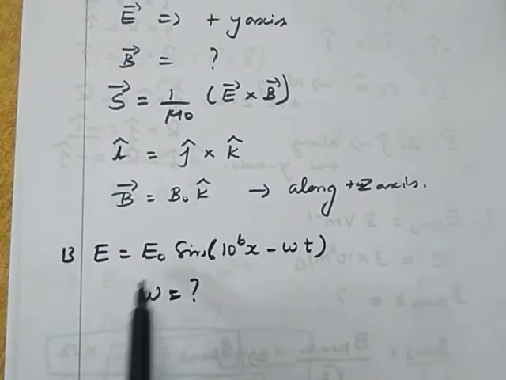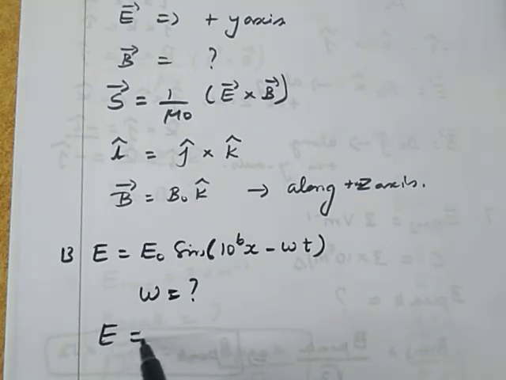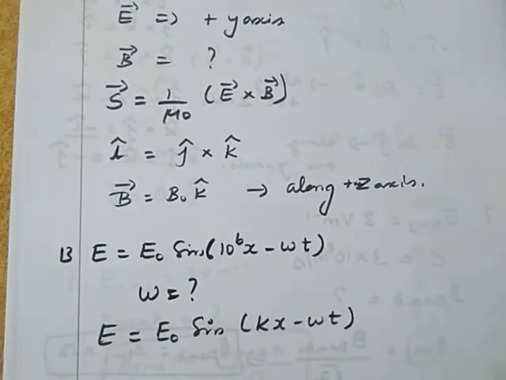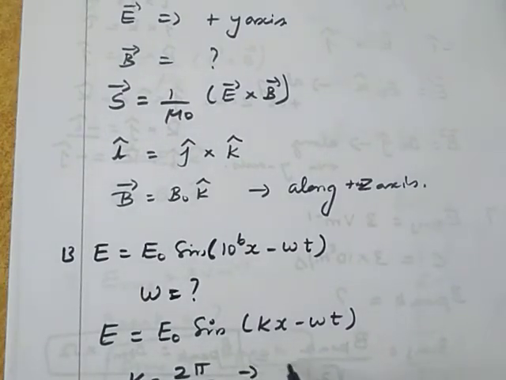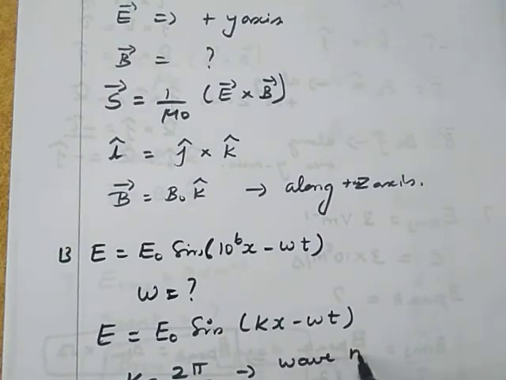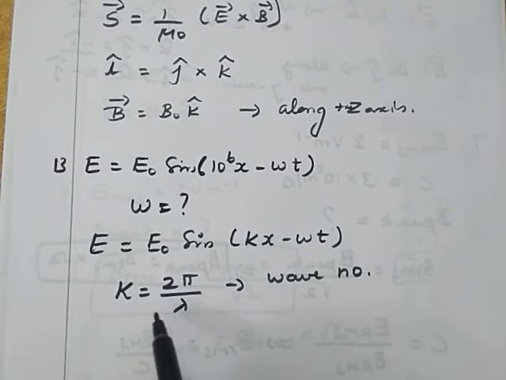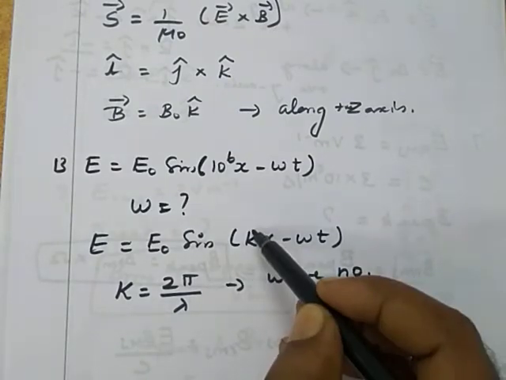So we need to compare this equation with the standard equation. We know the standard equation of electric field, E is equal to E naught sin (kx minus omega t). Then we know k is equal to 2 pi by lambda. Here k is nothing but the wave number. Here the value of k is equal to 10 power 6.